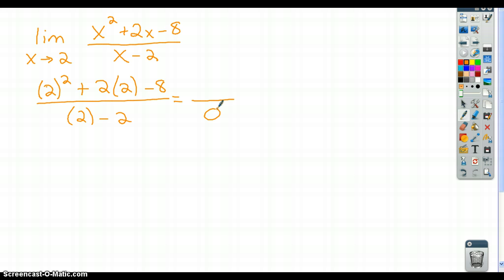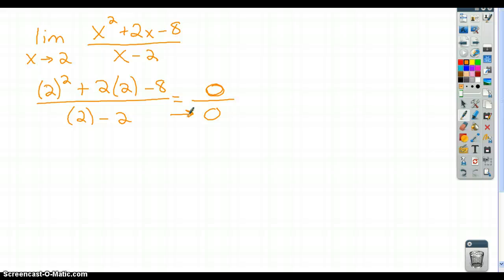So we can talk about two things at once here. When the denominator is 0, the function is not continuous there, but it can still have a limit.